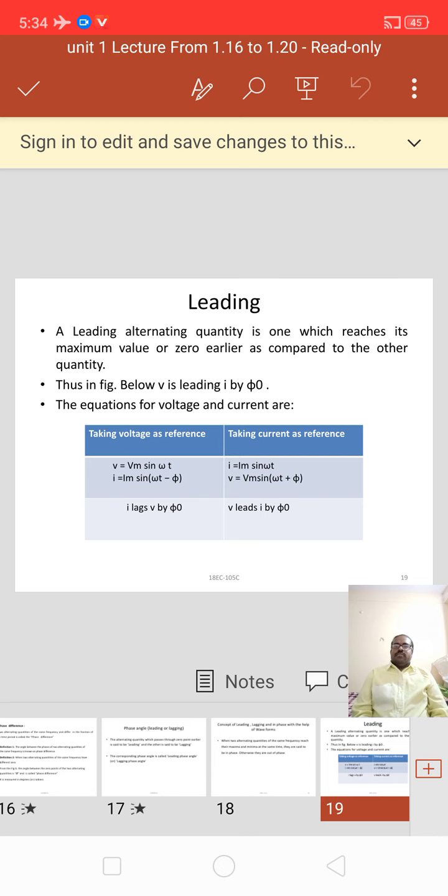Leading: a leading alternating quantity is one which reaches its maximum value or zero earlier as compared to the other quantity.